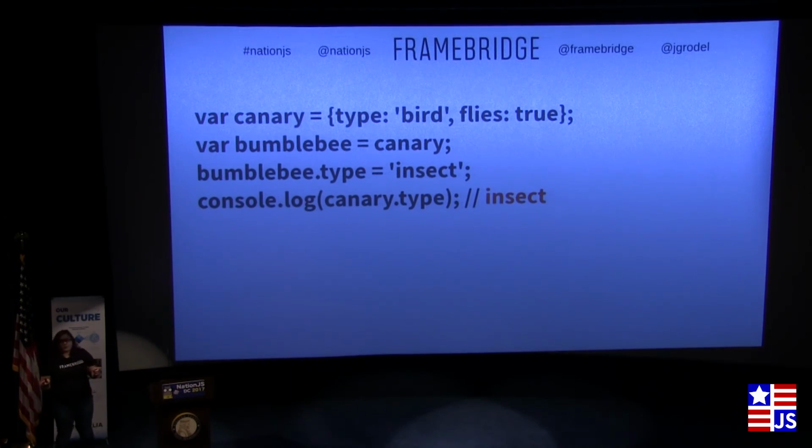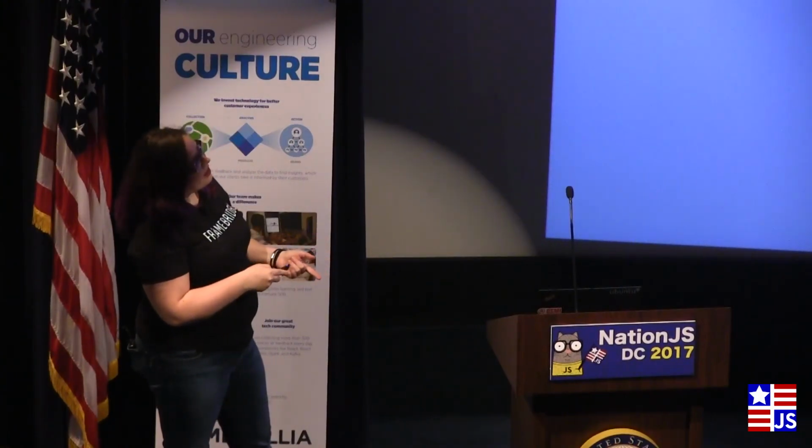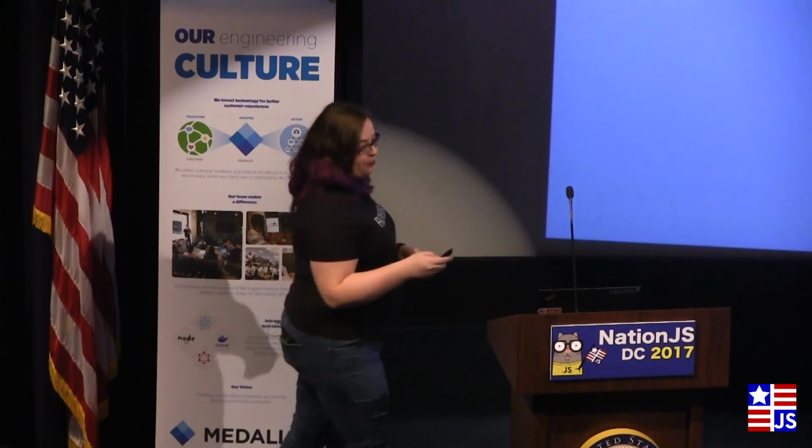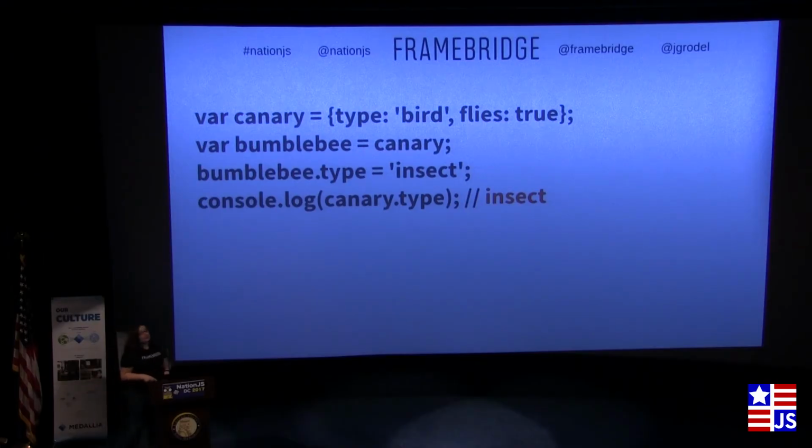So we've got two variables, canary and bumblebee, and they've both got the same value, a reference to this object. And so bumblebee.type is going to take that reference to that object and find the type property and change it to insect. But that reference is the same as the canary reference. And so we end up doing manipulation on the same object in two different variables. Arrays work the same way.